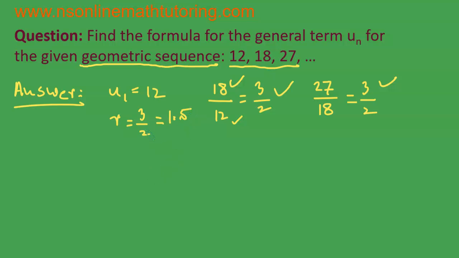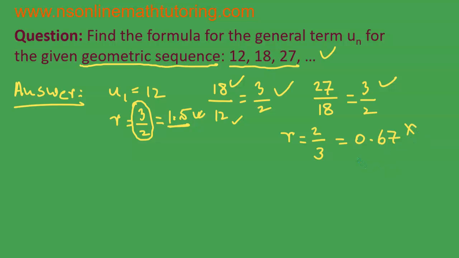I am writing 3 over 2 as 1.5 because this is the exact decimal representation of the number 3 over 2. But in case you are having r equal to 2 over 3 for some geometric sequence, not for this one, please do not convert it to 0.67.